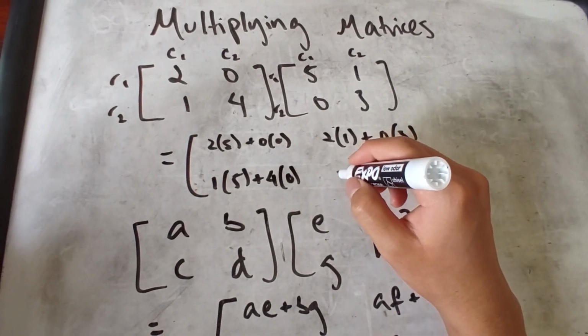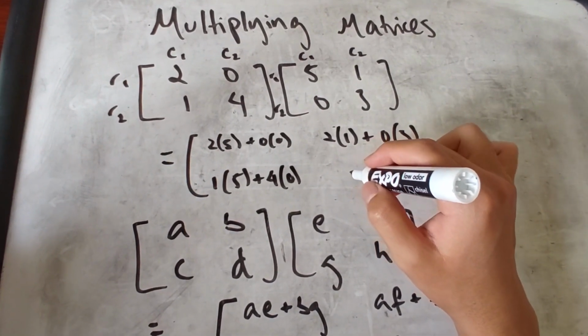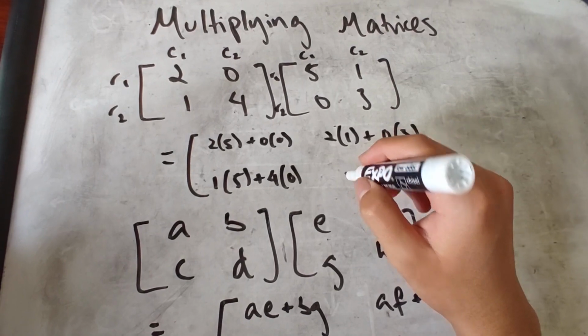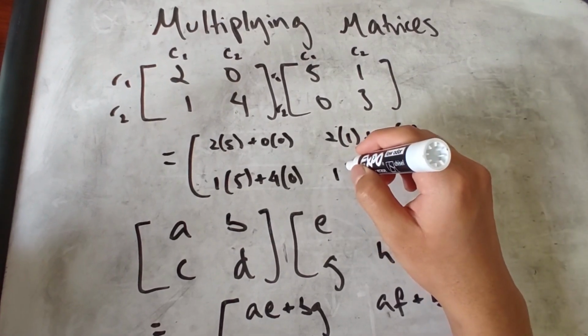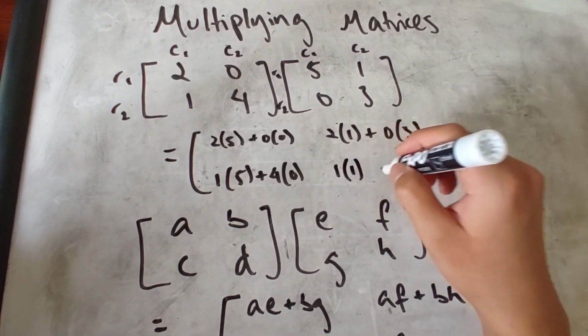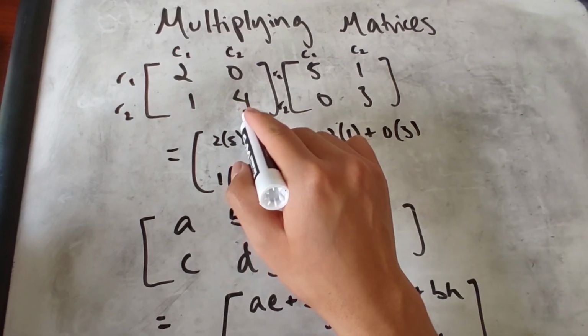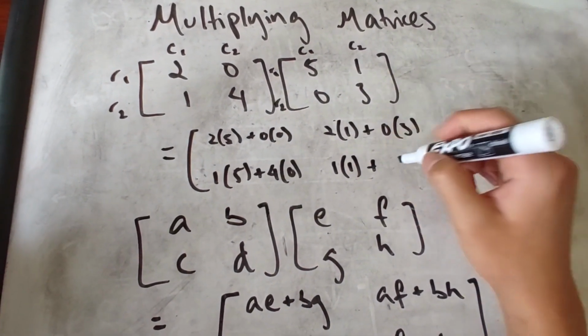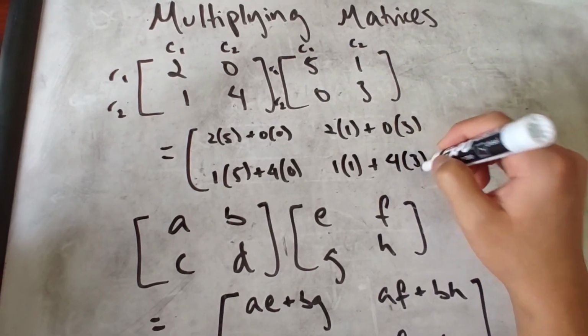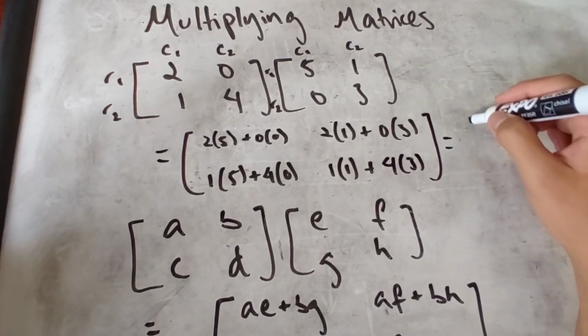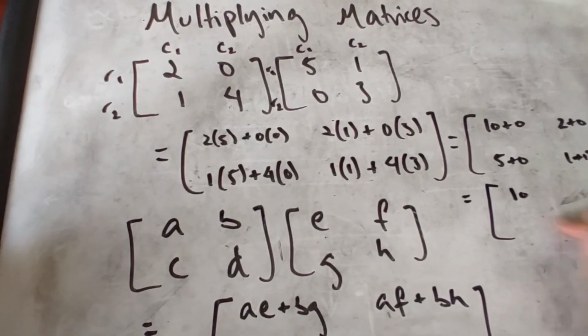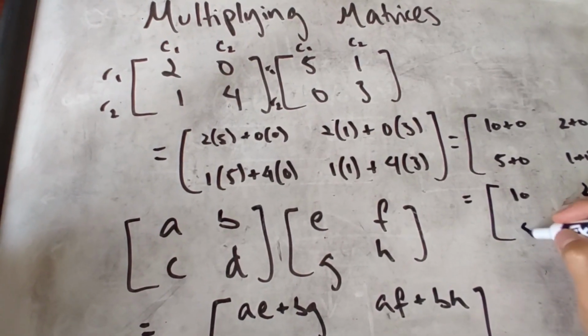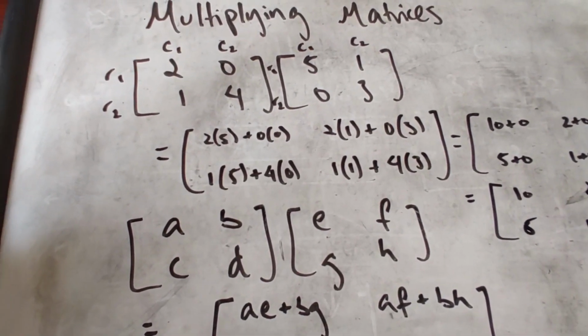And for the last one, it'll be the first value of row 2 times the first value of column 2, and the second value of row 2 times the second value of column 2. And we simplify this, and the final matrix would be this.